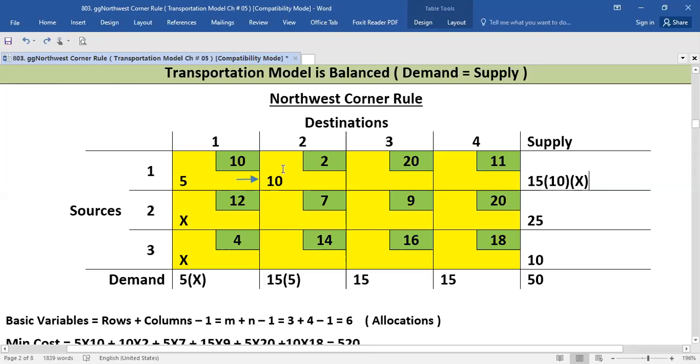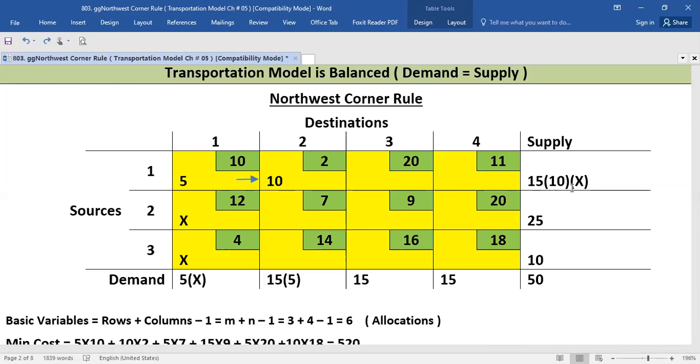When you subtract this allocation from your supply 10, the result was a cross. As I have earlier told you, you will not put 0, you will put the sign of cross, as 0 has some importance. And I will tell you in my next example, in my fourth example, why 0 has importance.